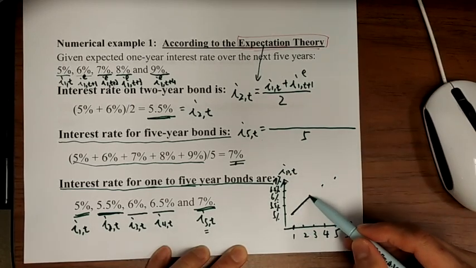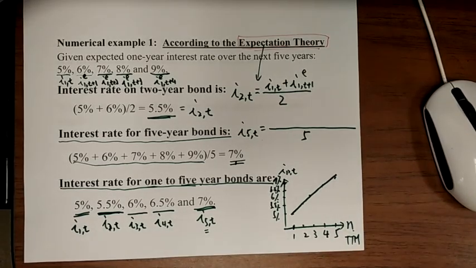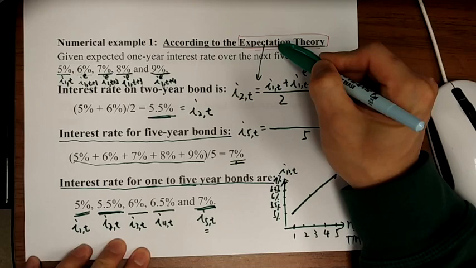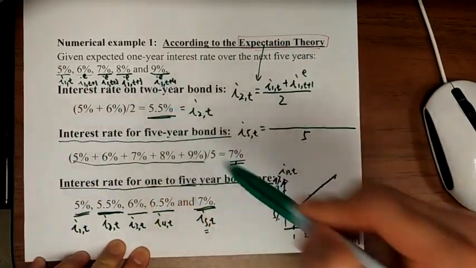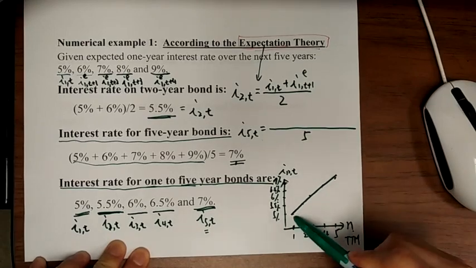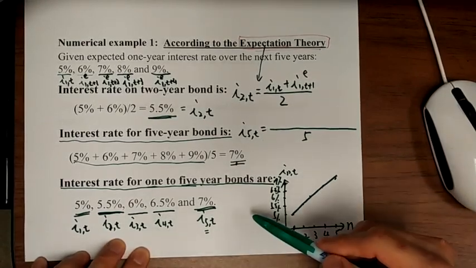So the yield curve is upward sloping. So if this theory is correct and this is the market's expectation, then currently you should observe this yield curve in the market.